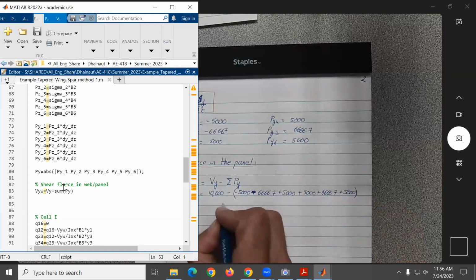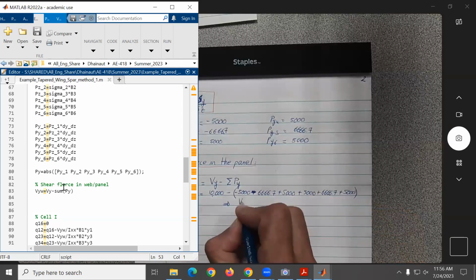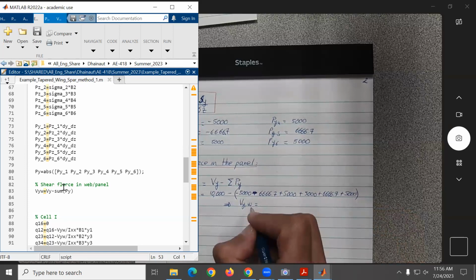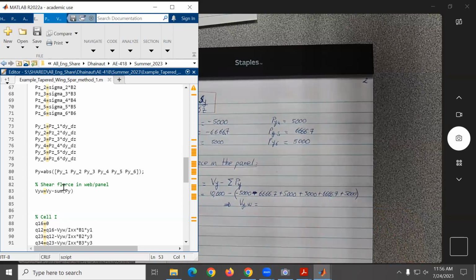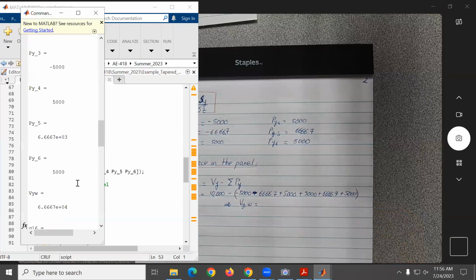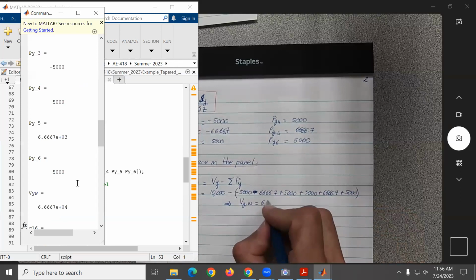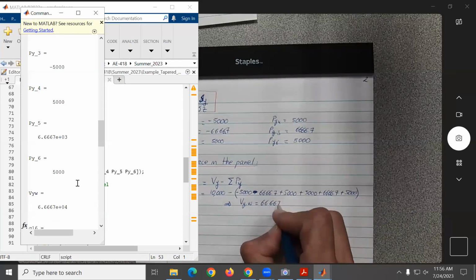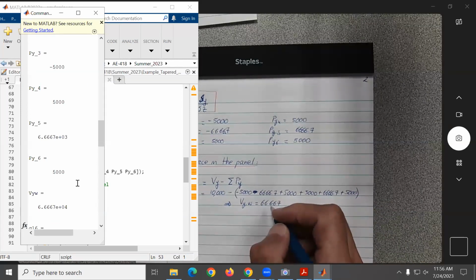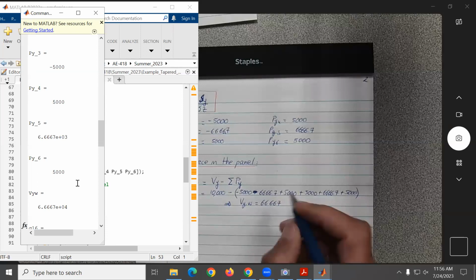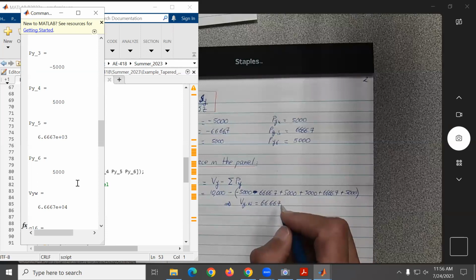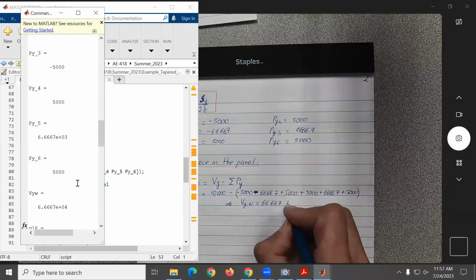And this is going to give you that the force on the panel, or the web, is equal to 66,667 newtons.